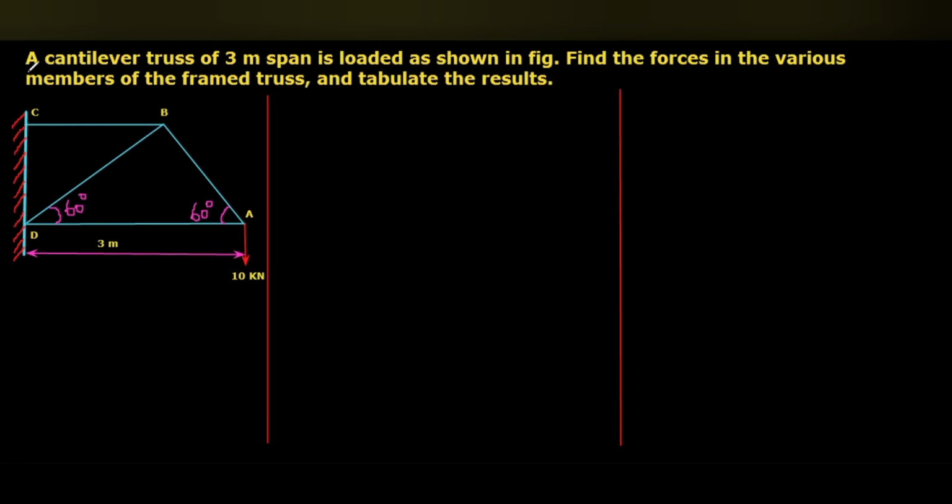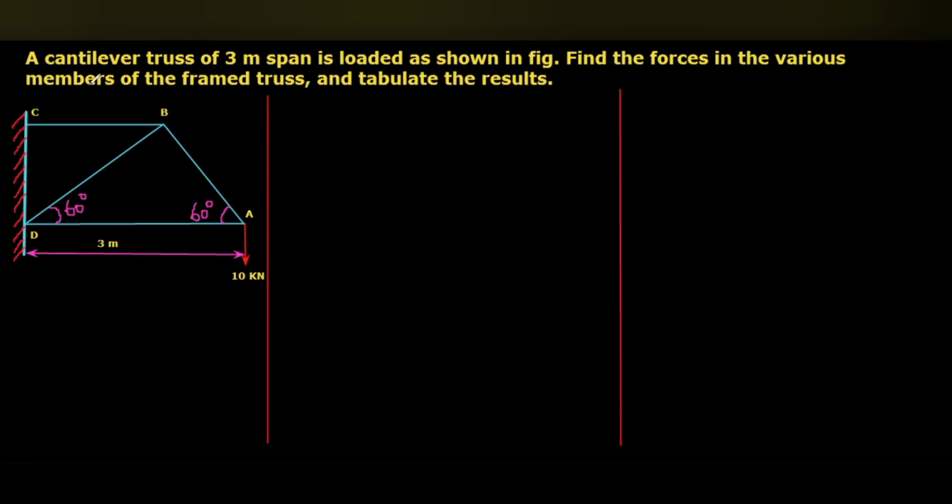A cantilever truss of 3-meter span is loaded as shown in figure. Find the forces in the various members of the framed truss and tabulate the results. Here, a cantilever truss is given.